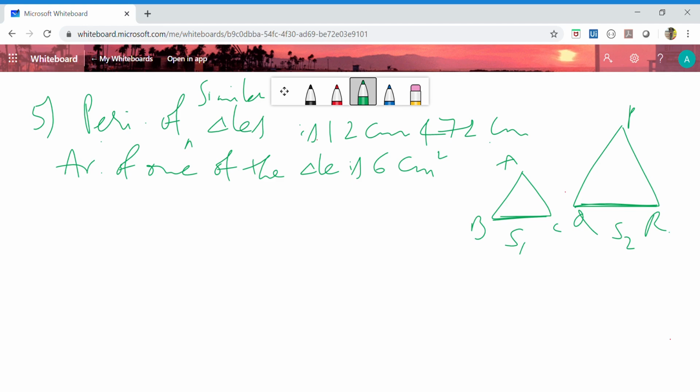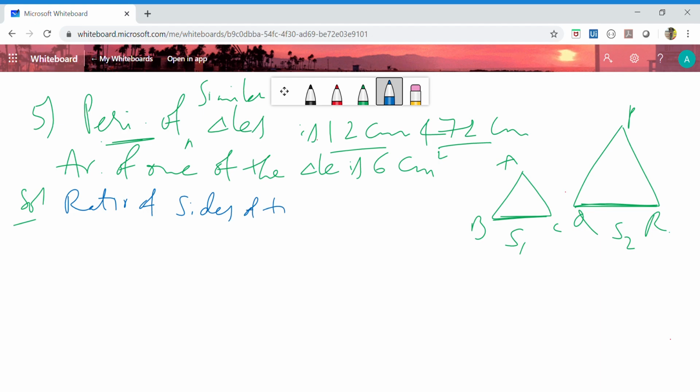What is the formula you know? Perimeters are given as 12 centimeters and 72 centimeters. But you know the ratio of sides of two similar triangles is equal to the ratio of their perimeters, that means perimeters are in the ratio of corresponding sides.